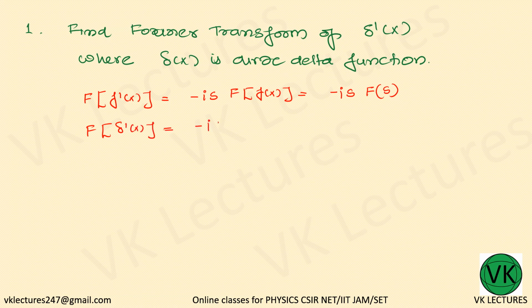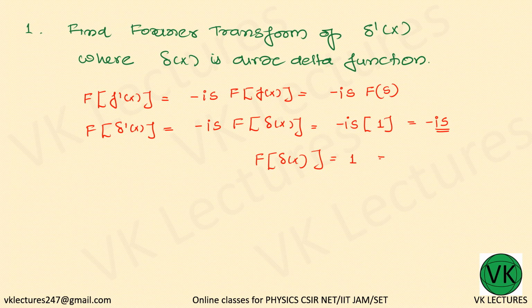That will be minus is into the Fourier transform of delta of x, which is 1 or unity, so that's equal to minus is. This is because the Fourier transform of delta of x equals 1, or you can also write 1 by root 2 pi, but this is considered unity.